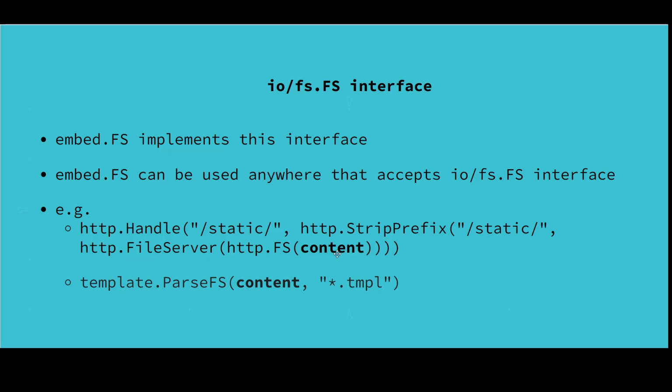Let's say you embed within content this assets folder, you can provide it in this way. Also, you can do a ParseFS: if you have embedded in content, you can do ParseFS and provide content as the parameter, if the content is embed.FS type.